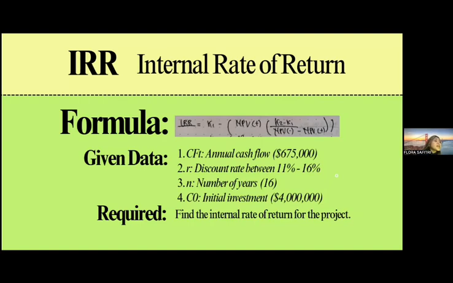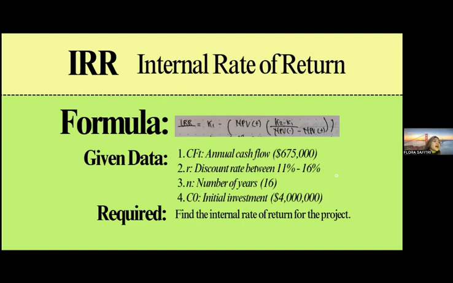The last one is to search for the internal rate of return. The formula is K1 plus positive NPV, and then K2 minus K1, divided by negative NPV minus positive NPV.